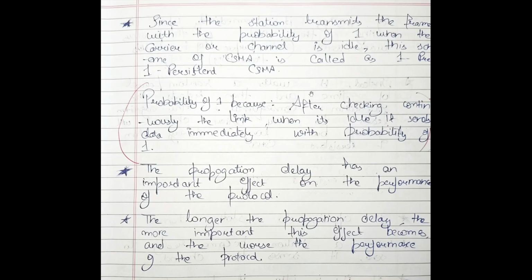Another specialty of 1-persistent CSMA is that it continuously senses the channel. Even if it is busy, it keeps sensing: did it get free, did it get free now, like this.